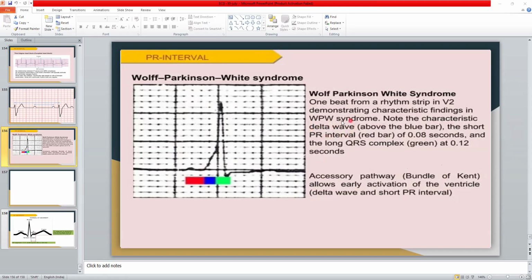The presence of the delta wave is the hallmark of pre-excitation syndrome, due to the presence of an accessory pathway allowing the activation of the ventricle prior to the normal depolarization of the ventricles. Again I am telling you, this delta wave is the pathognomonic feature of WPW syndrome.